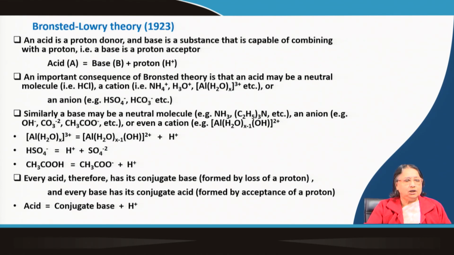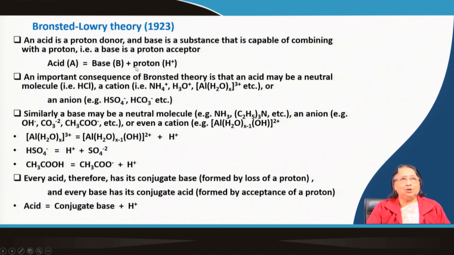Now comes the Lowry-Bronsted theory, and it has been stated in 1923 that an acid is a proton donor and a base is a substance that is capable of combining with a proton. That means, here it is not told that base is a substance which can give OH minus. Instead, it said that base is something which can take up the proton.